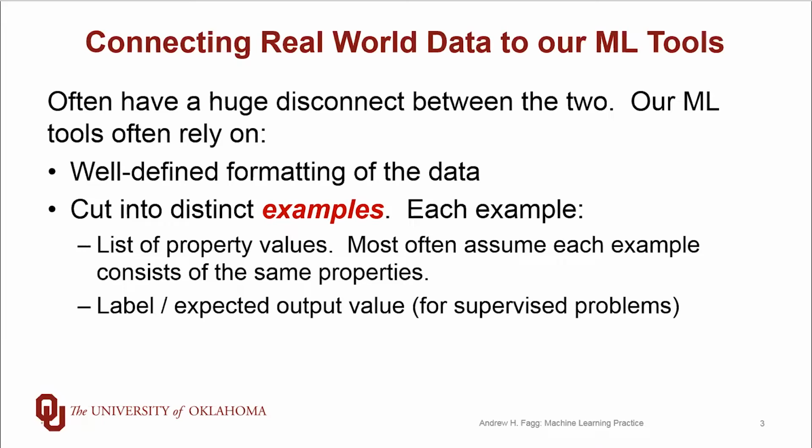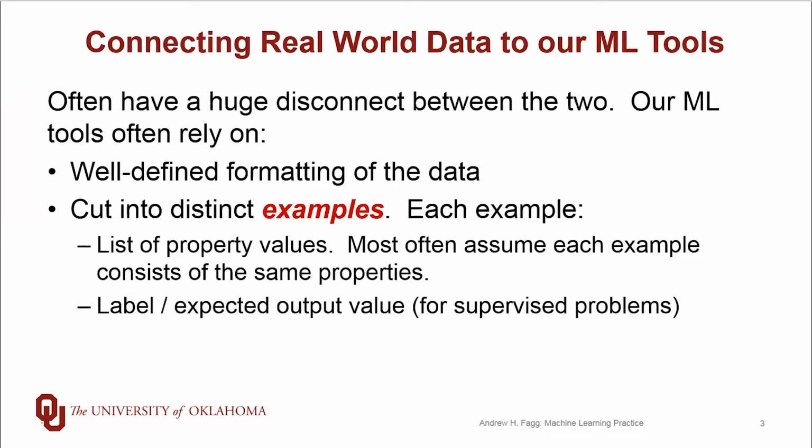And it turns out there's a huge disconnect between the formatting of the data from this myriad of sources and the format that our machine learning tools usually rely on. Most of our machine learning tools want to assume that the formatting of the data is very well defined. In particular, our data should be cut into very distinct examples.